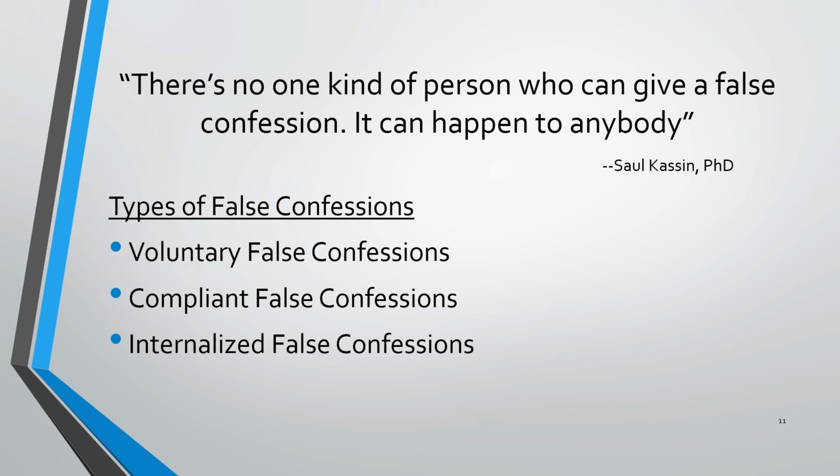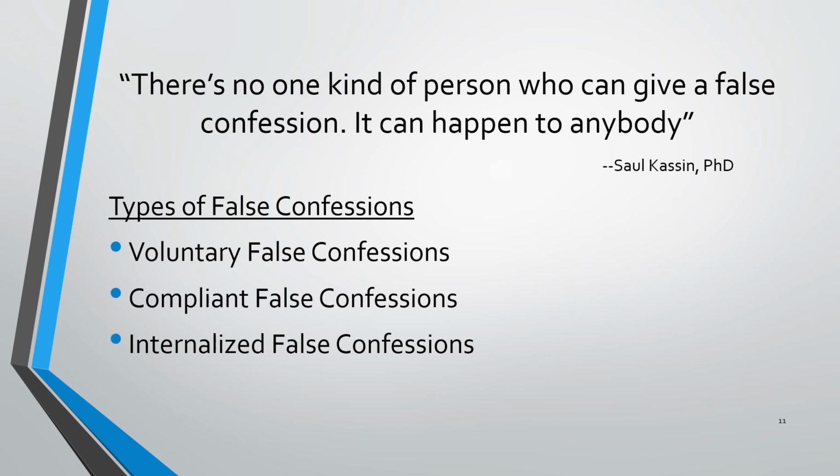Dr. Casson notes that false confessions can be categorized generally into three types: voluntary false confessions, compliant false confessions, and internalized false confessions. Let's look at these three. First, voluntary false confessions are those that are given freely, without police prompting.